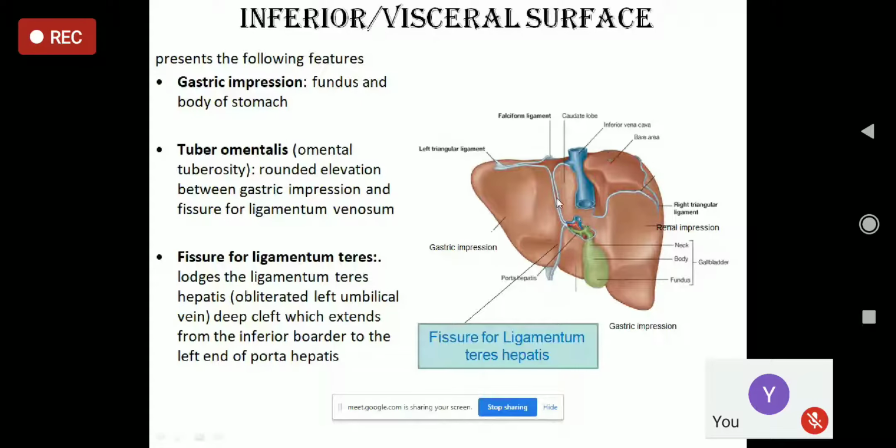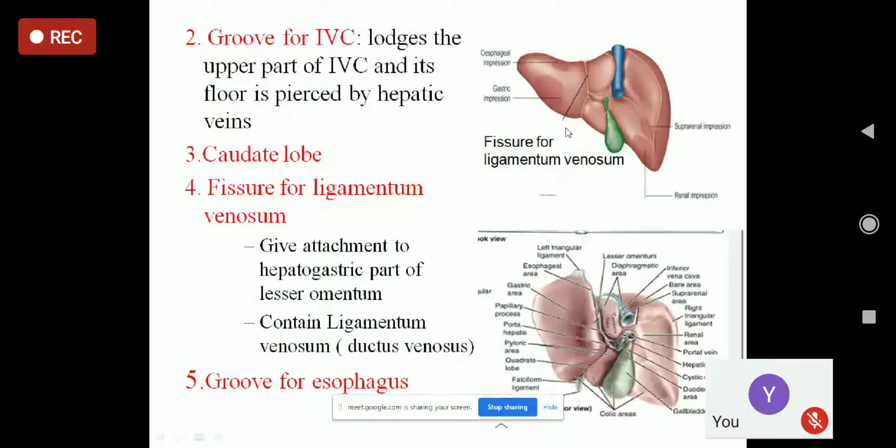So this fissure is, oh my god, this one. What about this one? Just now I have mentioned the fissure of ligamentum venosum. So don't confuse these two.